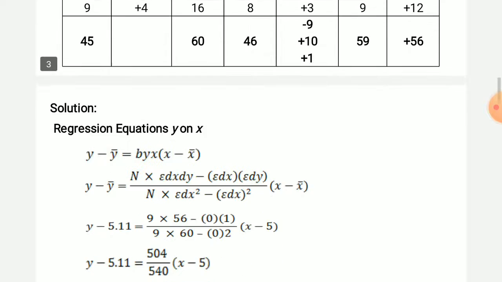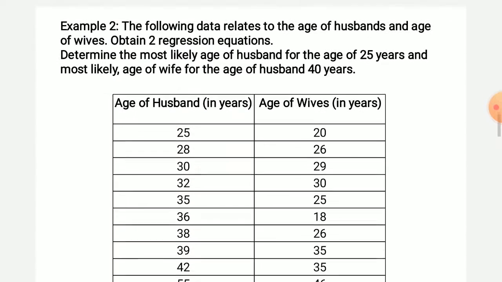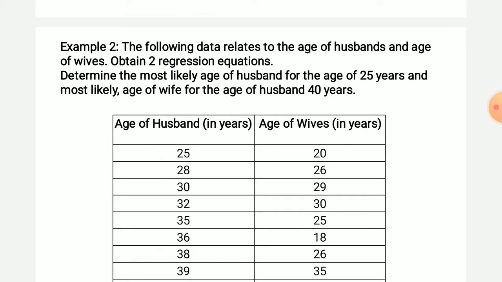Now take another problem. The following data relates to the age of husbands and age of wives. Obtain two regression equations. Determine the most likely age of husband for the age of wife 25 years, and the most likely age of wife for the age of husband 40 years.